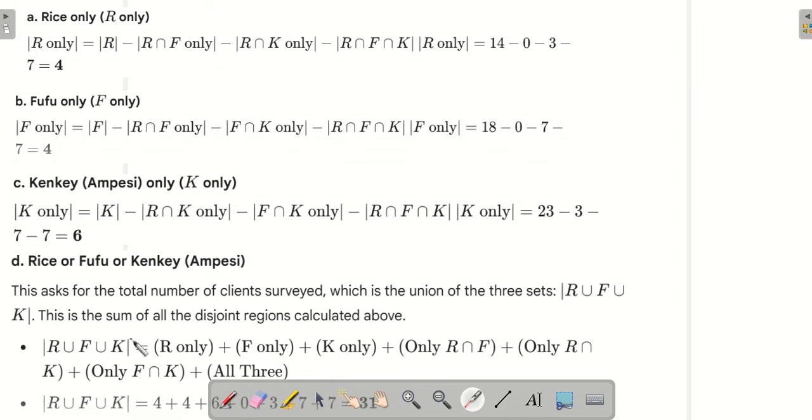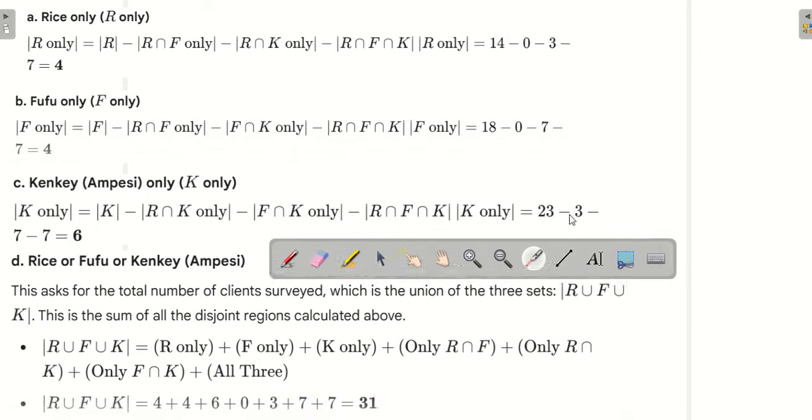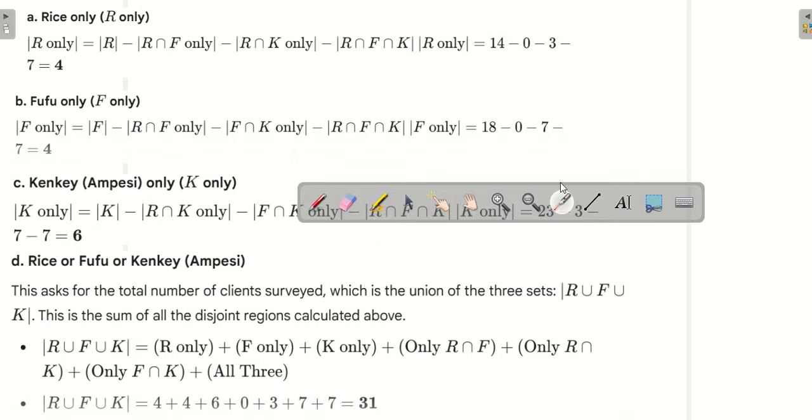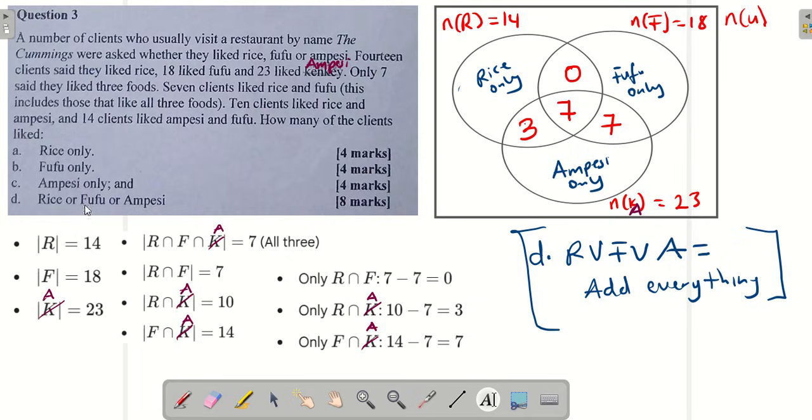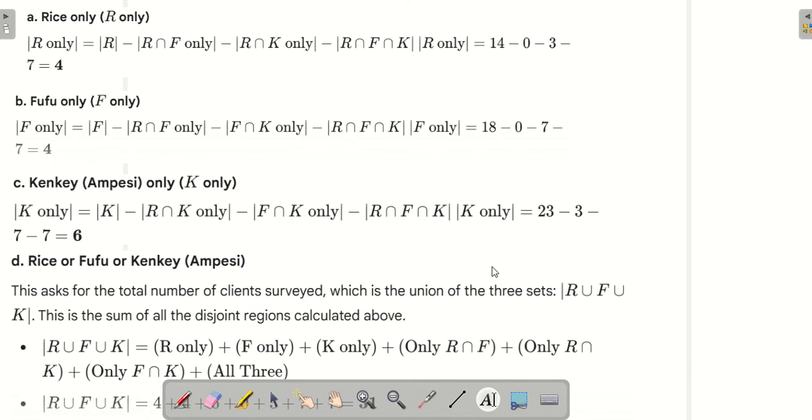So that is going to be R only plus F only plus K only plus this plus this plus this plus all the 3. You add everything, then you are going to get 31. So that is the answer. Remember the question was asking us to find rice or fufu or ampesi. That will be 31.